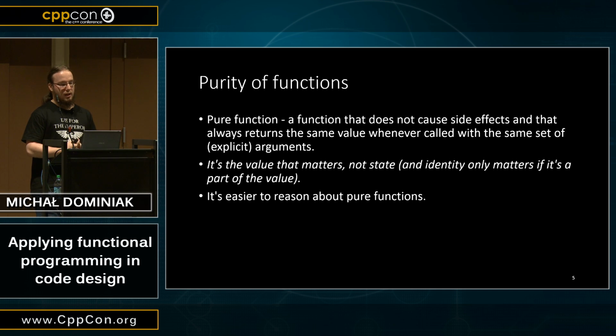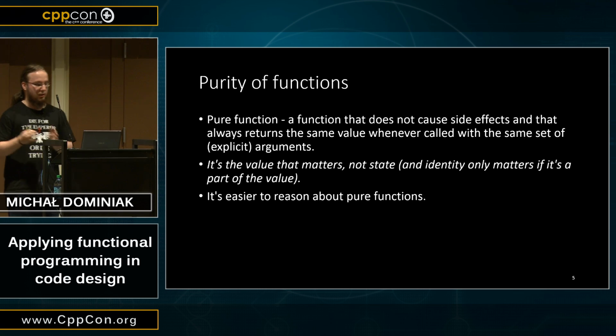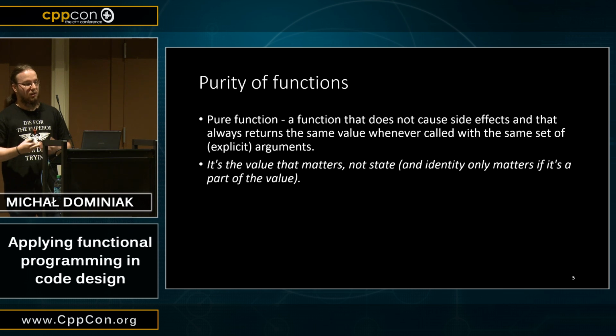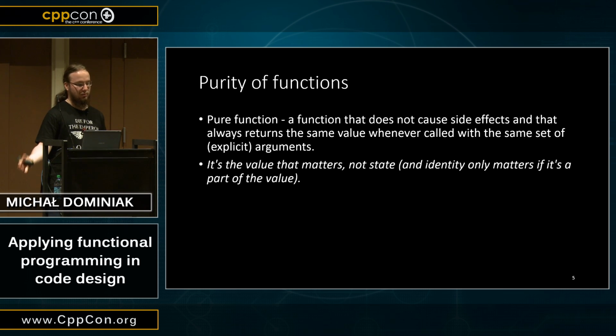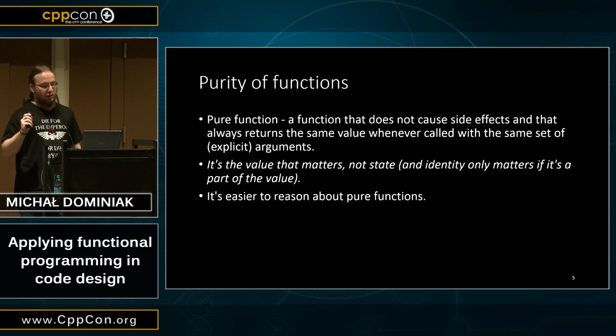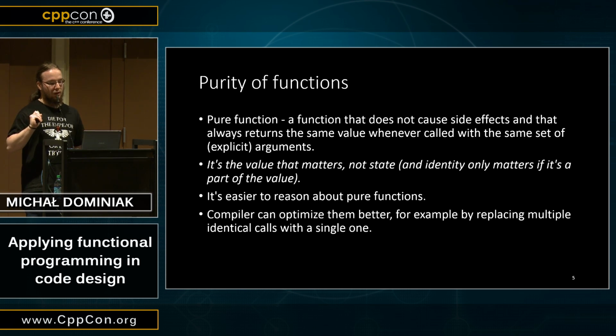And as long as the function is named correctly, we can usually, from the set of arguments and the name, understand what is happening below in the implementation without even seeing it. They can be optimized better.